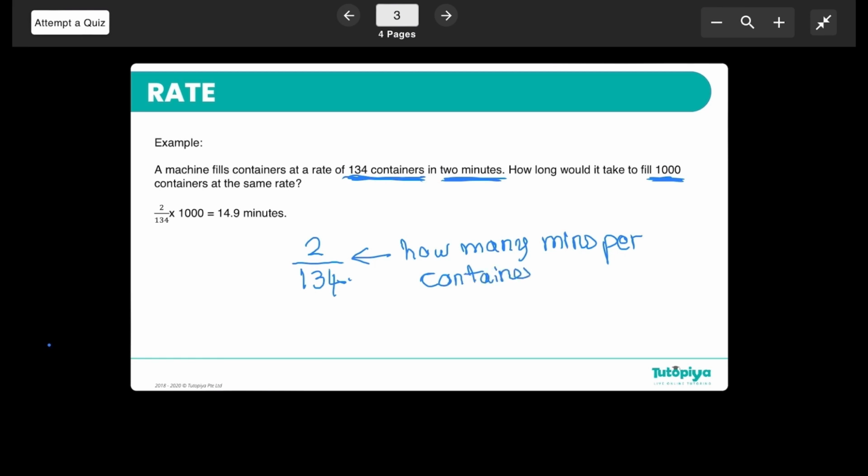So if we find out how many minutes per container it takes, and we know that there are 1000 containers, if you multiply this by 1000, which is what we're doing here, we can identify how many minutes it takes for 1000 containers. So when we do the calculation, you can see that it is 14.9 minutes.